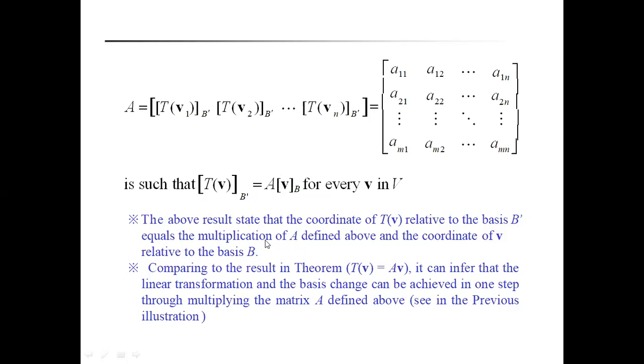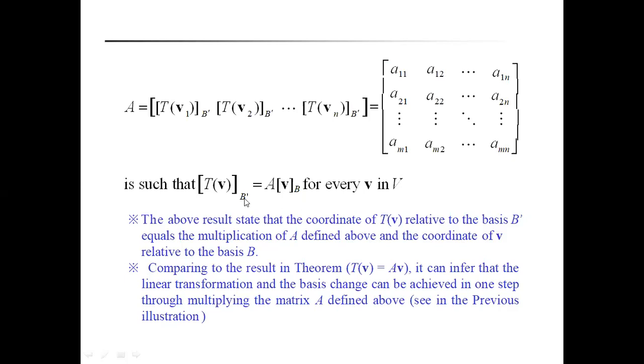The above result states that the coordinate matrix of T(v) relative to the basis B' equals the multiplication of A, defined above, and the coordinate matrix of v relative to the basis B. This is the formula. What is the formula?